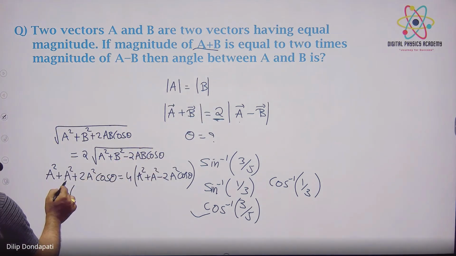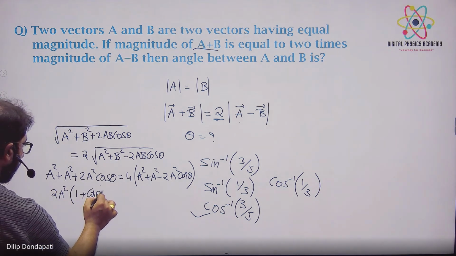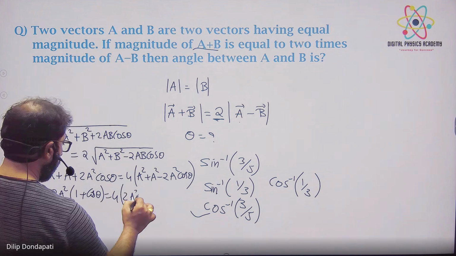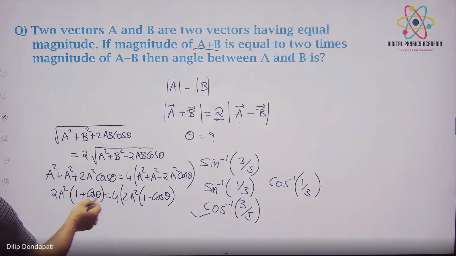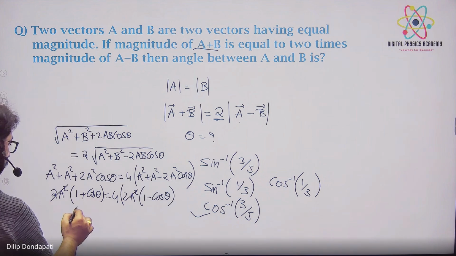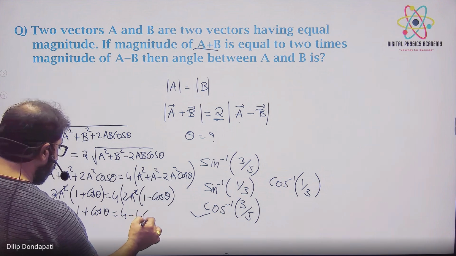So a square plus a square, taking 2a square common, 1 plus cos theta is equal to 4 into 2a square, taking common, 1 minus cos theta. Okay, the 2a square cancels. So 1 plus cos theta is equal to 4 minus 4 cos theta.